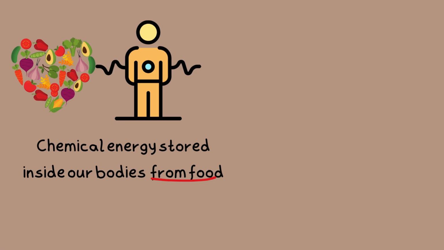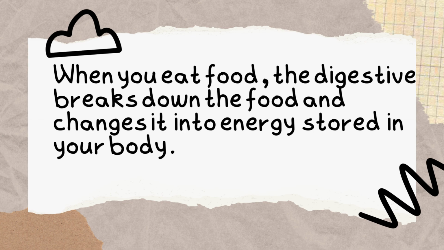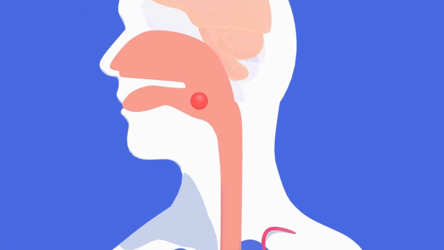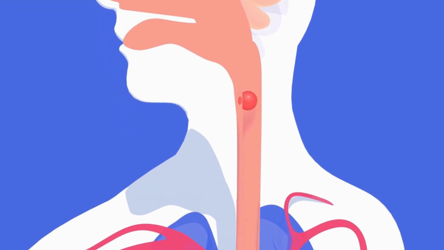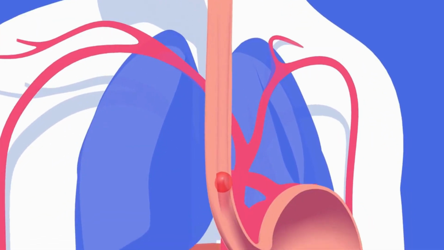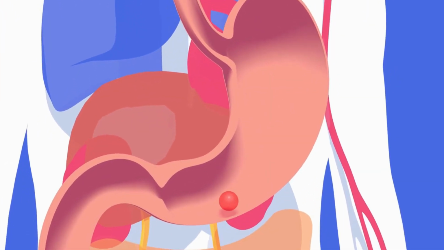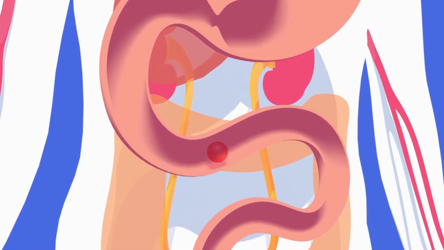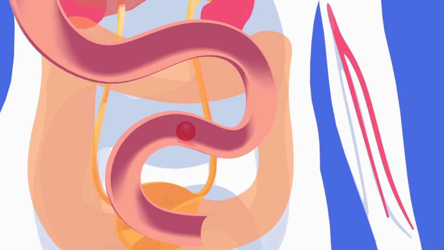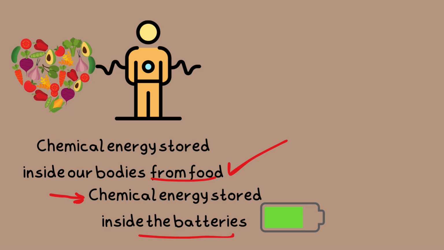When we eat food, the food breaks down into nutrients, and the nutrients go to all our body parts through the blood and give us energy.